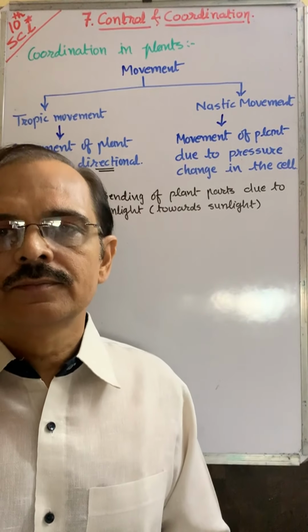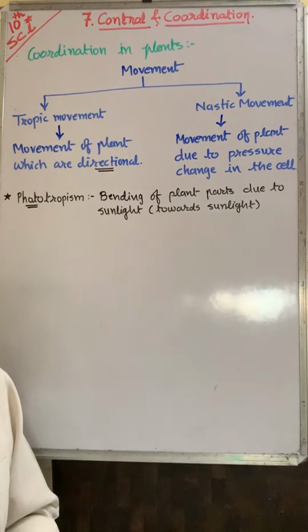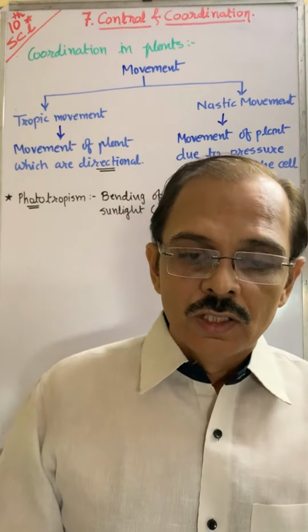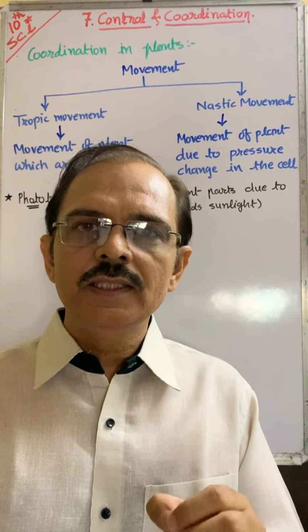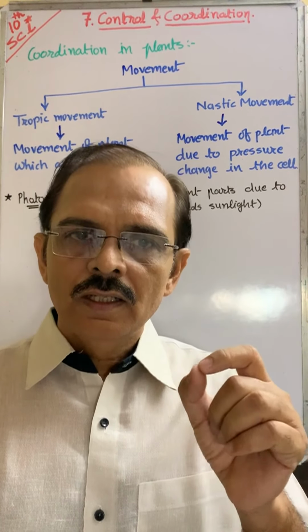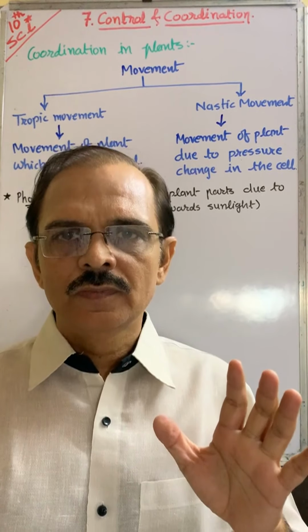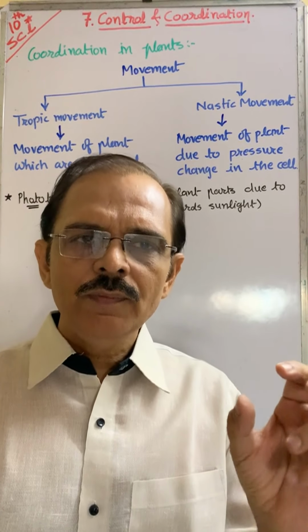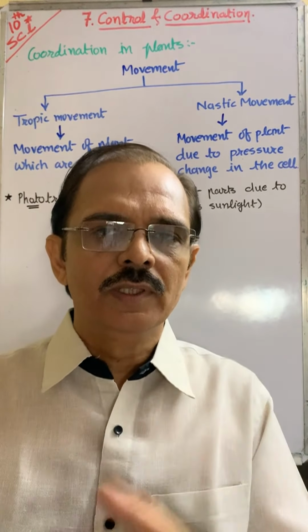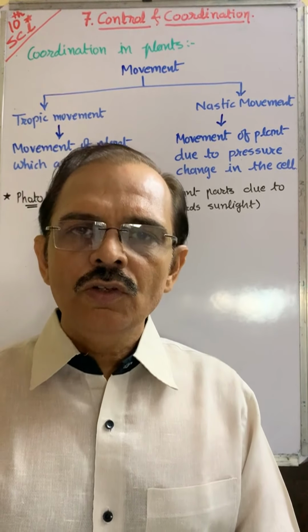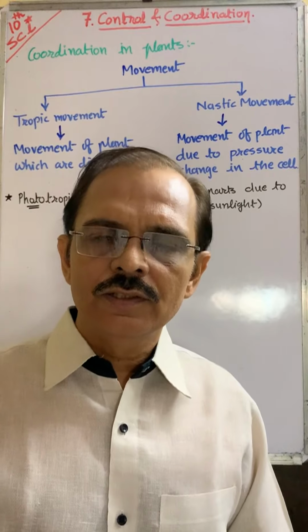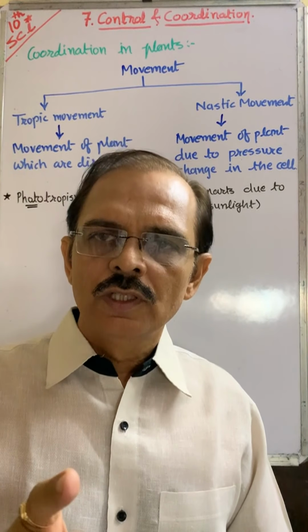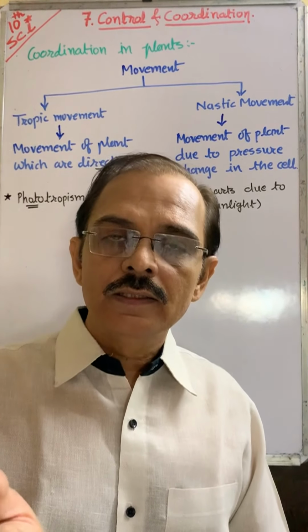Remember one thing, and it is very interesting: you have learnt about auxin. You now know that the hormone auxin is secreted in roots and shoots. Now if it is secreted in the shoots, what happens? Remember that auxin is always secreted in shoots on the side opposite to the light.